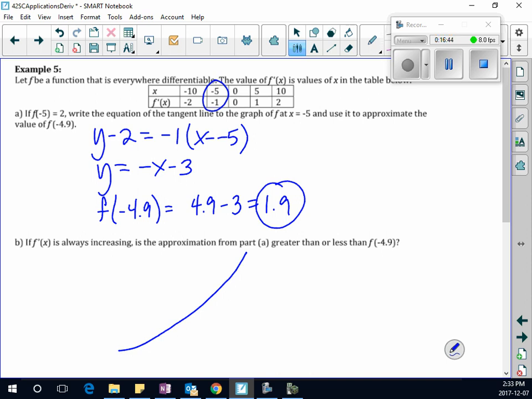Concave up means it's going to be less than. Do you see that? Can you explain why it's less? Well, look at my tangent line and look at an increasing function. Do you see the tangent line is less than what the curve would be for an approximation? Yeah.